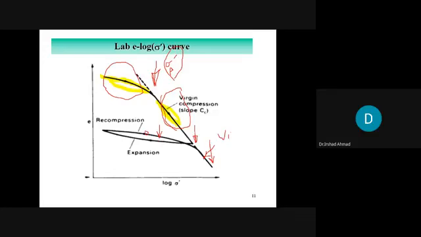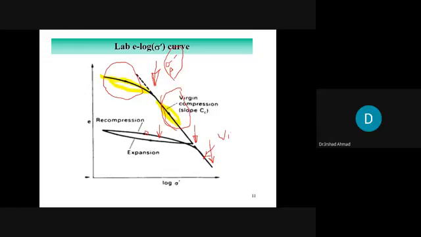Once the stress is more than the pre-consolidation pressure, the curve would be linear, right? So you search for that break in the curve, and that is approximately the pre-consolidation pressure.